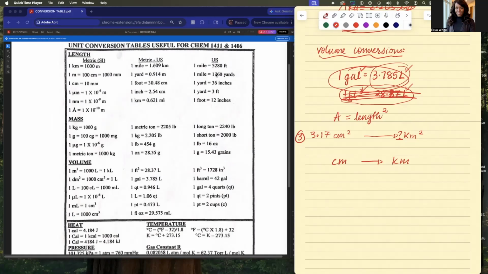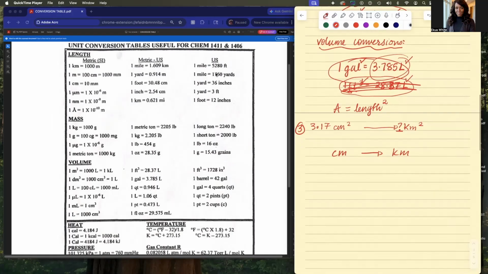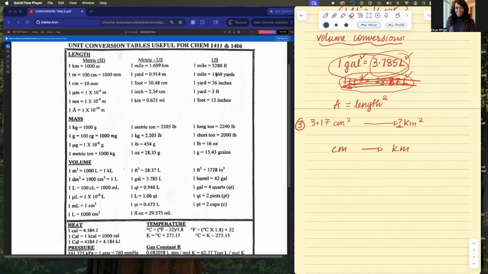Okay, so it's safe to conclude that we don't have a direct centimeter to kilometer conversion. So let's look at what we have here. 1 kilometer equals 1,000 meters, that's the conversion we have here. And then we also have 1 meter equals 100 centimeters.